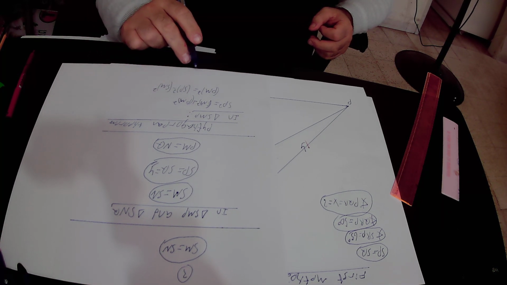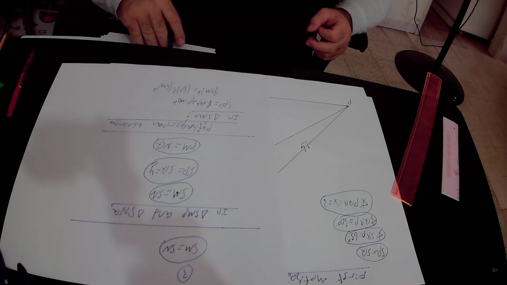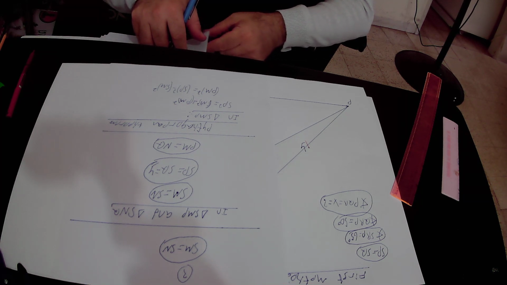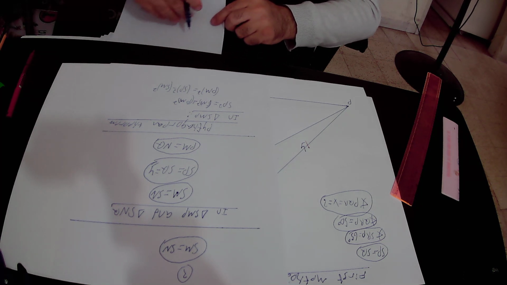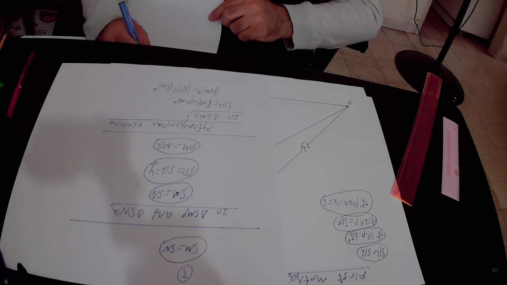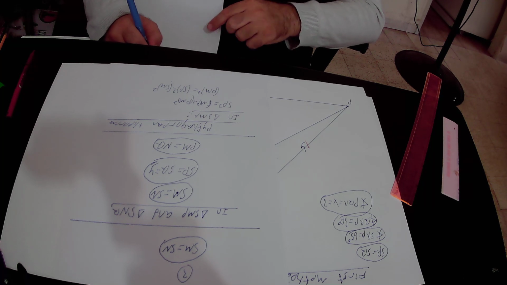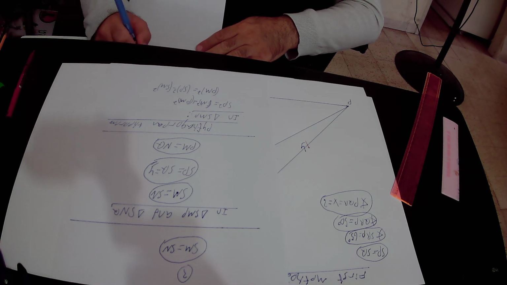Then we will take a root of this equality, and we will get that PM equals the root of SP square minus SM square.